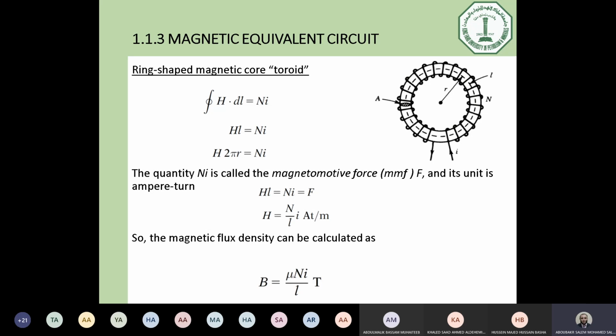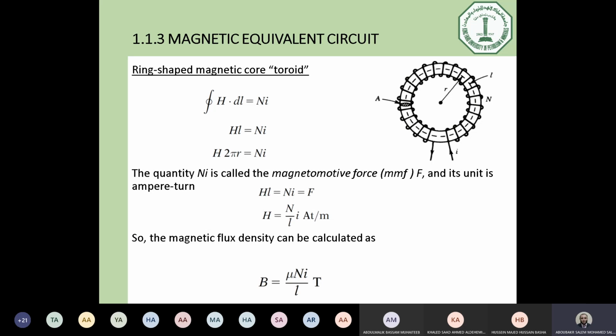You already have the machine, but you need to operate it at the best condition. So N we can assume as constant. L is also constant because it depends on the design of the core itself, and we are not going to change the core of the machine in order to have better performance. However, we can change the amount of current absorbed by the machine in order to get different values of H.